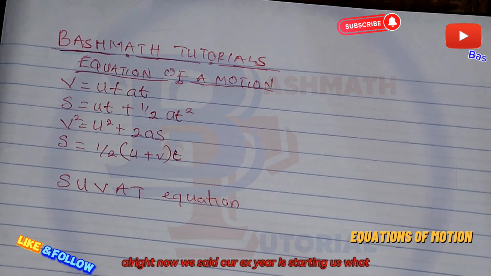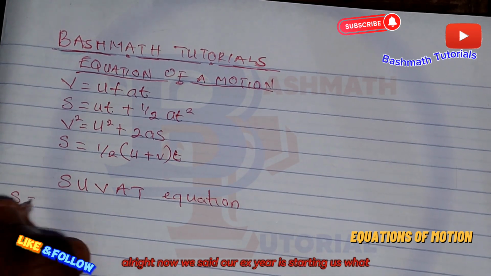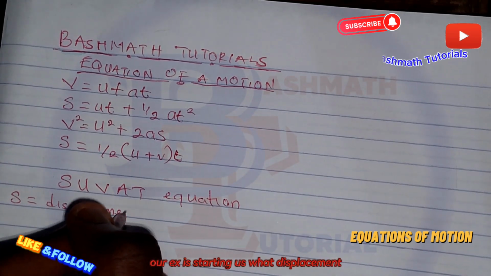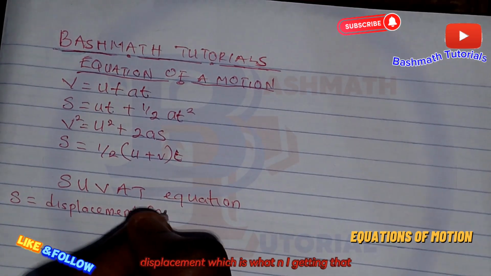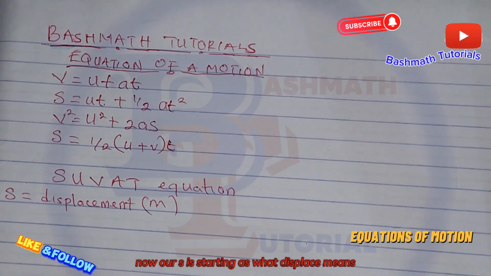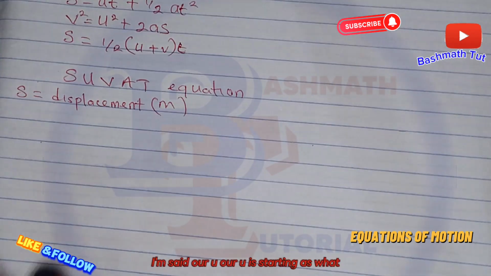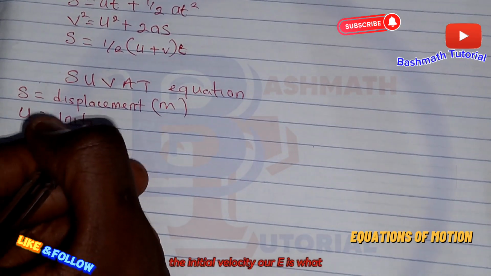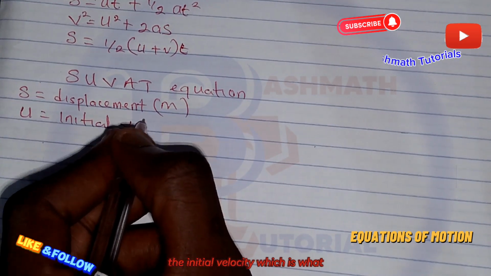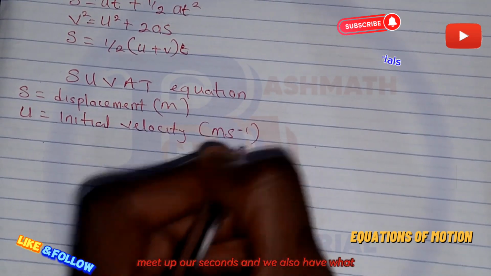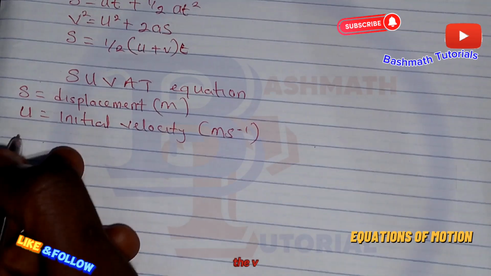Now we said our x here is standing for the displacement, which is in meters. Our s is also standing for displacement. Our u is the initial velocity, which is in meters per second.